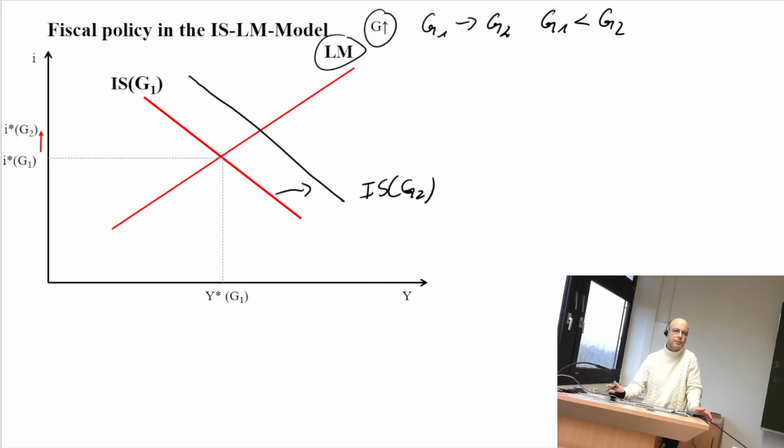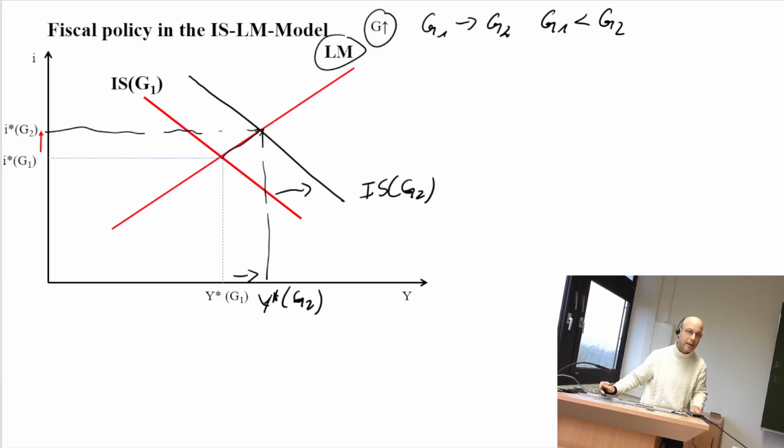And now, of course, we have a new intersection point. So we obtain a new Y star of G2, which has increased, but also we have to go upward on the LM curve. So we obtain also an increase of interest rates.